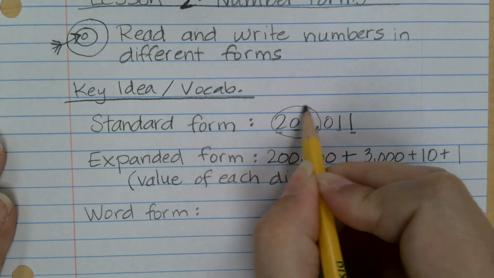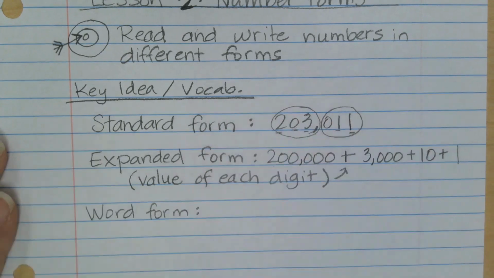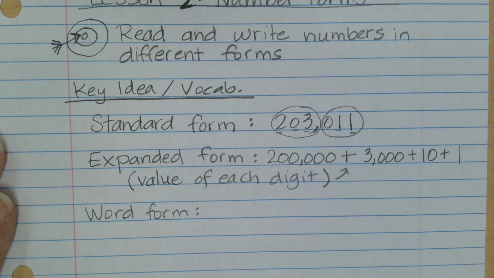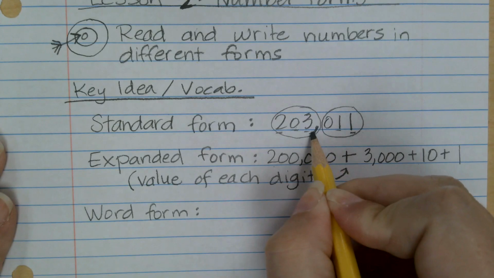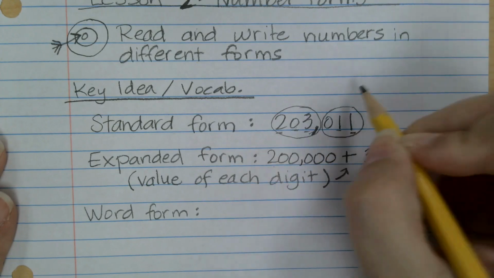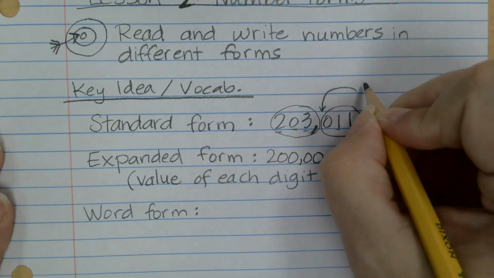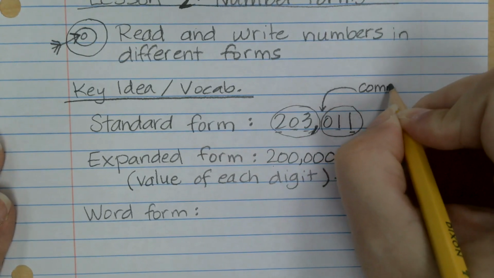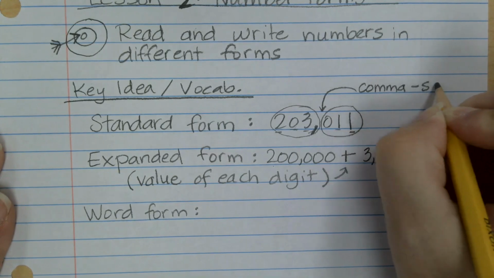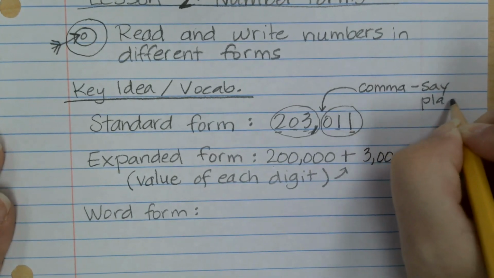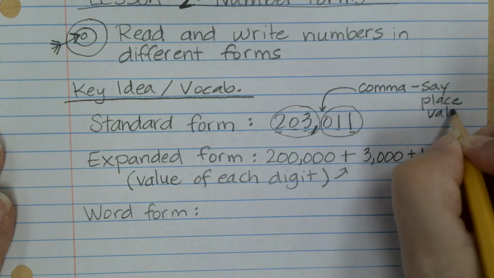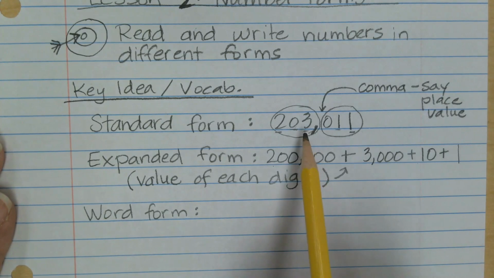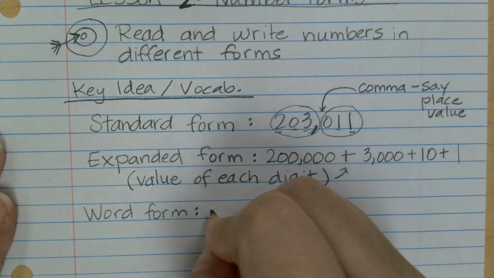So each of these sections of 3 numbers, that's called a period. And then each comma is where I'm going to say a place value. So I'm going to put a little note here that comma means I say a place value. So if I were going to write this number, I'd write 203,000.